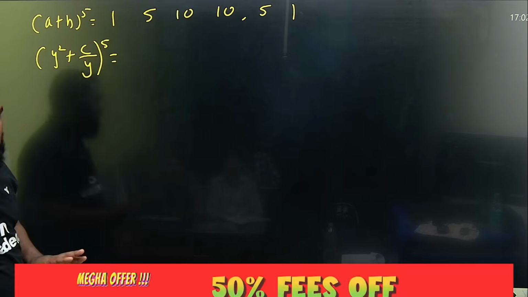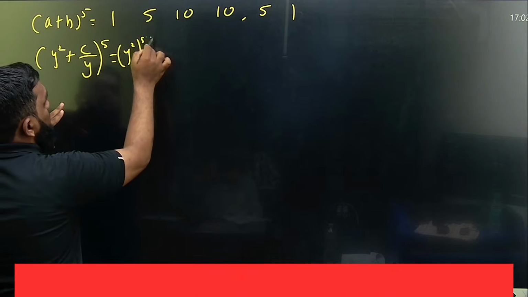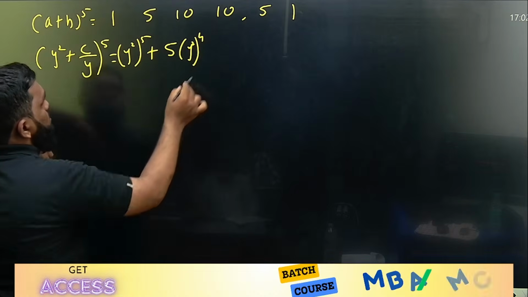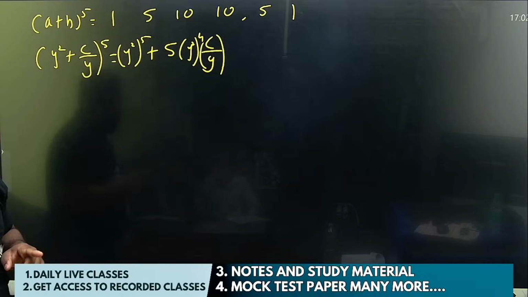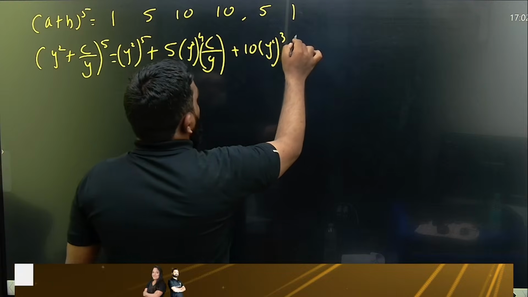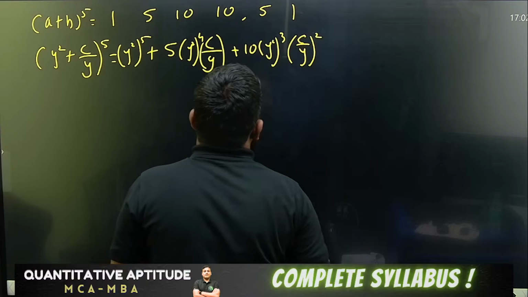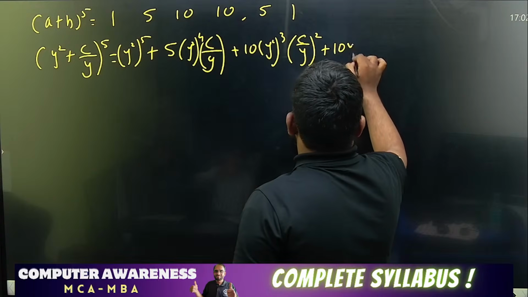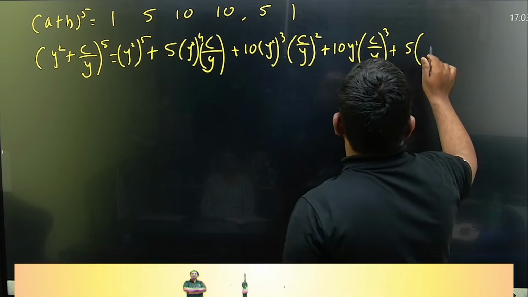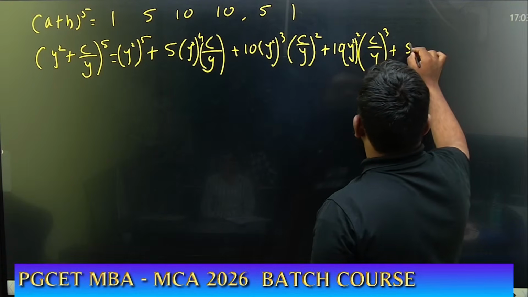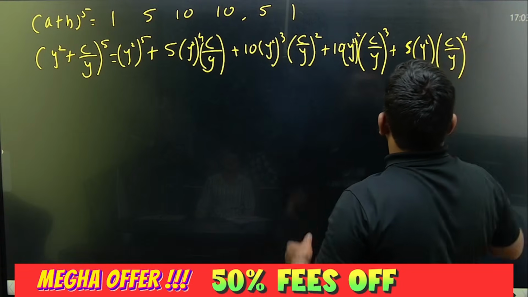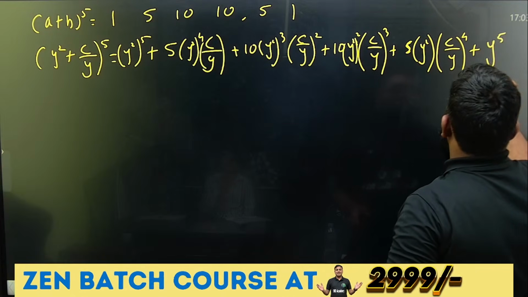Here, (y square) raised to 5, plus 5 into (y square) raised to 4 into c by y, plus 10 into (y square) cubed into (c by y) squared, plus 10 into (y square) squared into (c by y) cubed, plus 5 into y square into (c by y) raised to 4, plus (c by y) raised to 5.